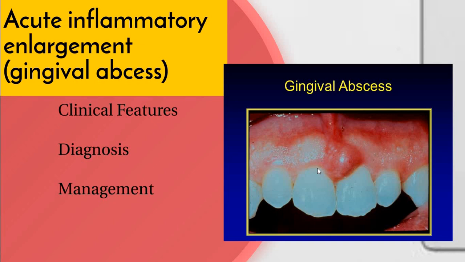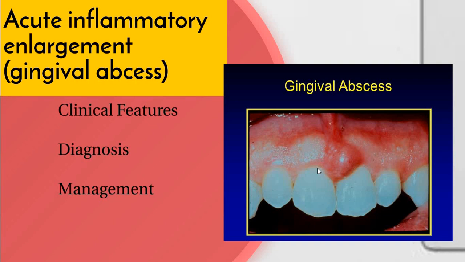And the appearance in the early stage is a red swelling with a smooth, shiny surface. But within 24 to 48 hours, the lesion usually becomes fluctuant and pointed, which may make a surface orifice from which an exudate may be expressed.